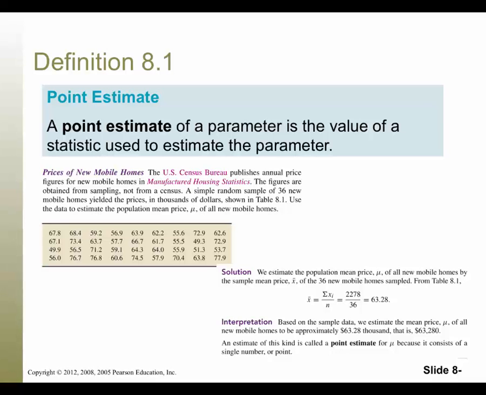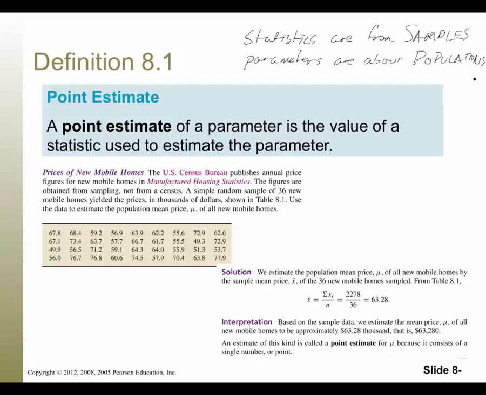Remember, statistics are values about samples, and parameters are about populations. So we're going to take statistics, things about samples, and try to predict parameters, meaning information about populations.